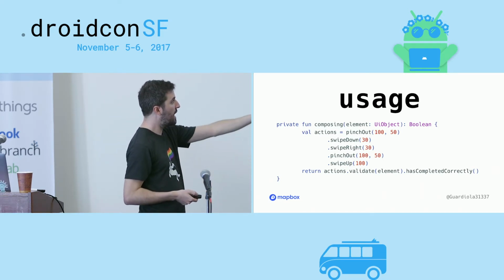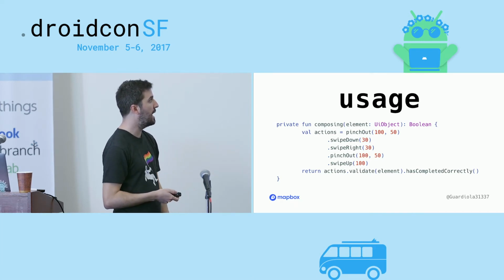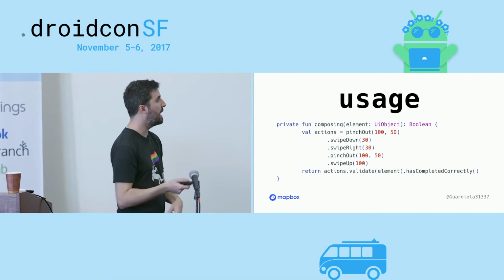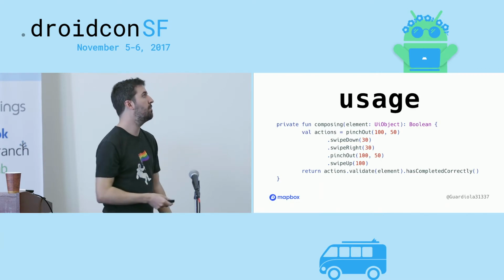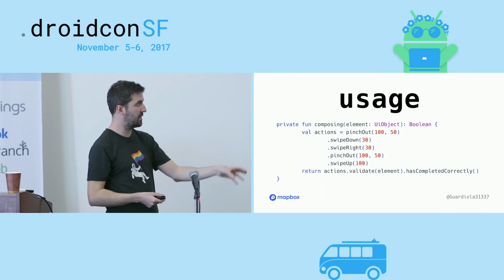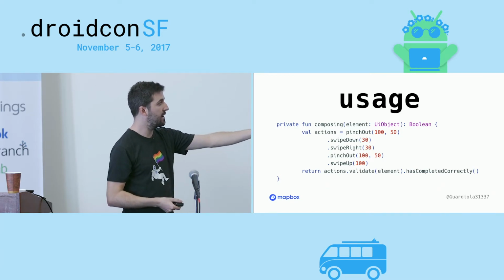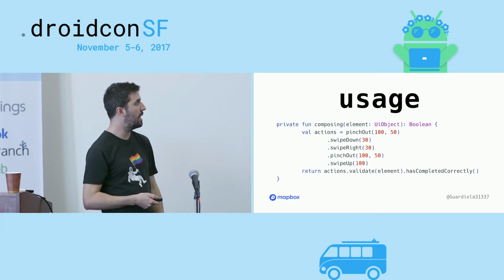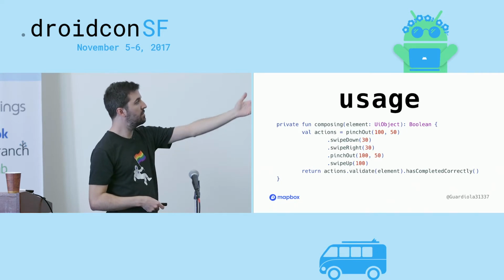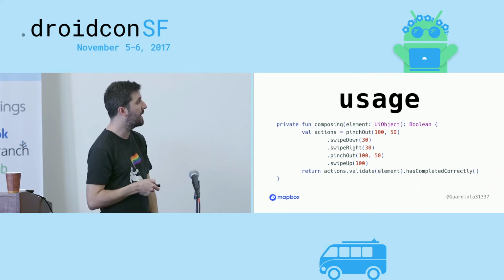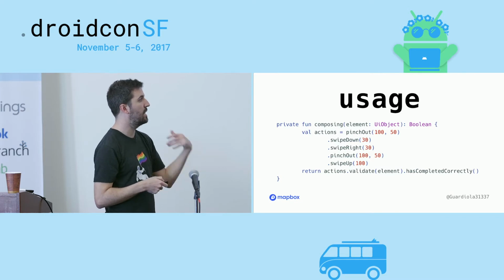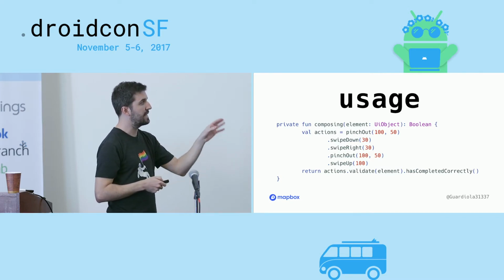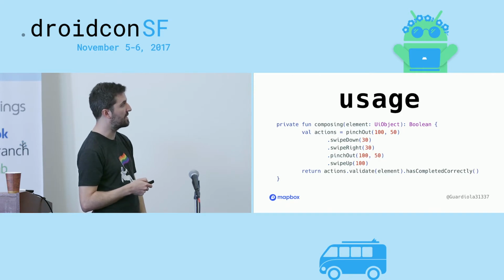We are composing a series of actions, in this case pinch out and swipe down. Because all of these actions will be executed sequentially, we then validate that all of them were correct, using this syntactic sugar API, which will tell us that every action was correct.